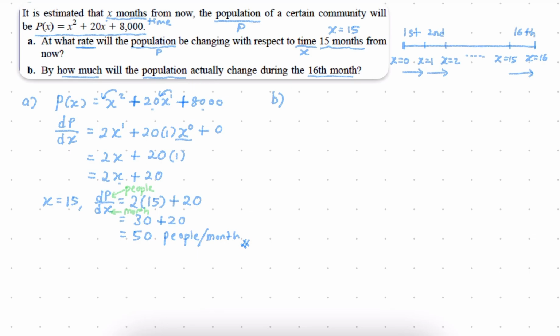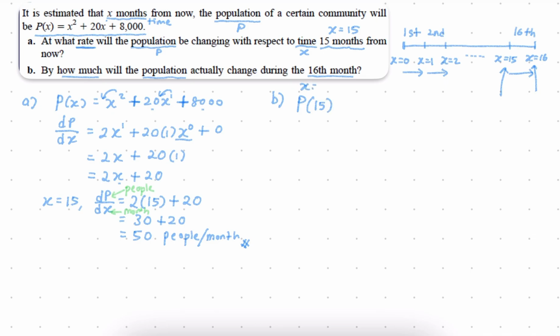So we are going to find out the population changes from this point to this point. We want to find out the population at x equal to 15.